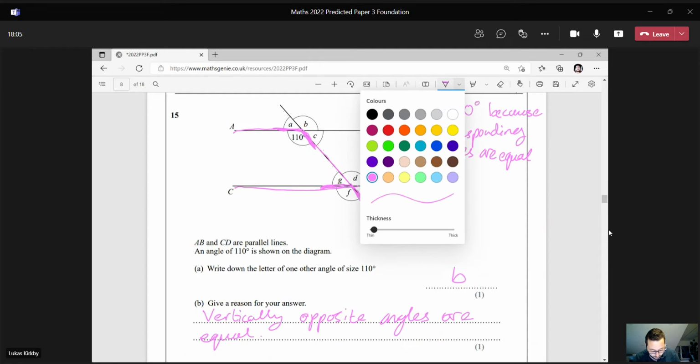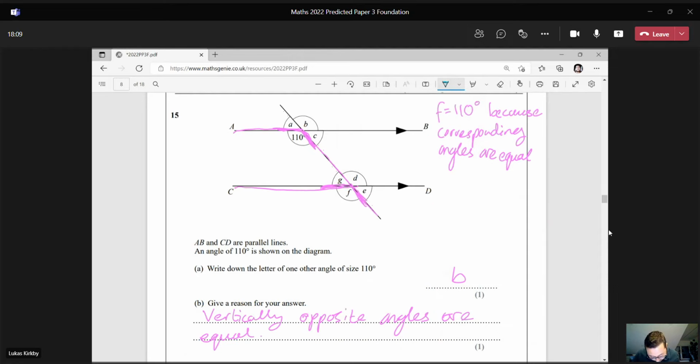Okay, and another option, just to do one more, we've also got a Z. So if I go like that, then we've got that this is equal to that. So D also equals 110 because Z angles, or as they're called properly, alternate angles, are equal.